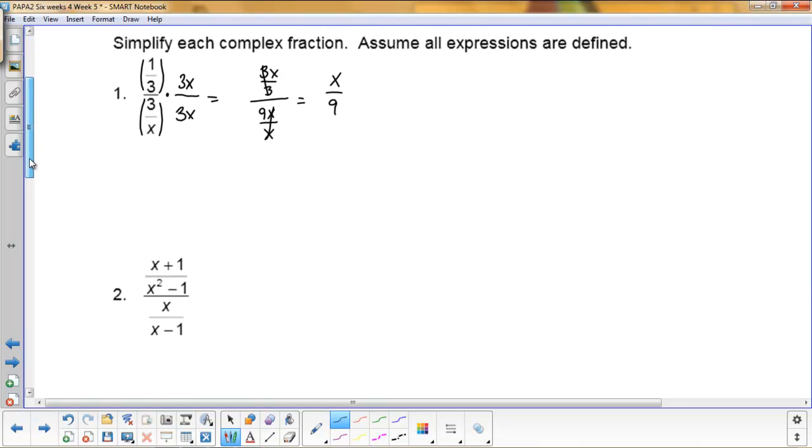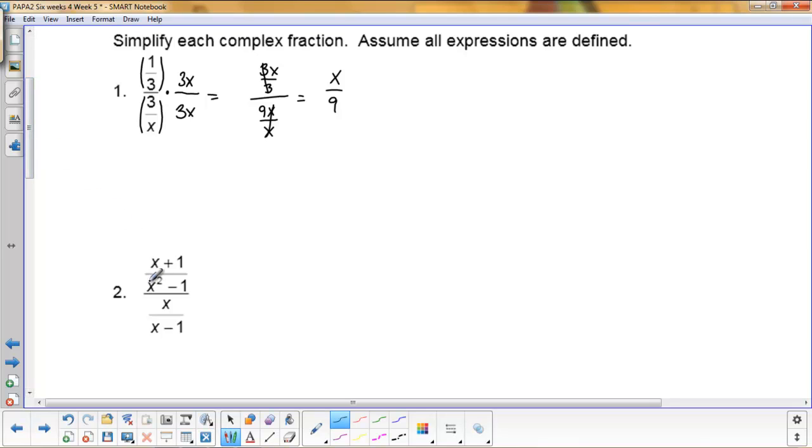Now, even though the numbers get more complex, it's not a big deal. Remember, this is the difference of two squares, so that means that the common denominator here is going to be x plus 1 times x minus 1.